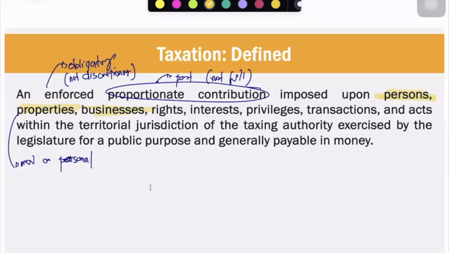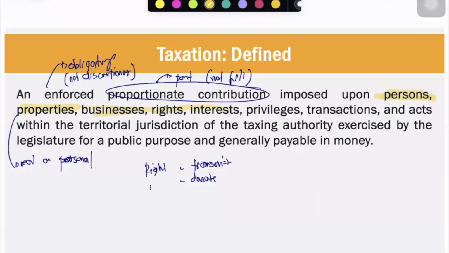Next, it is also imposed on your rights. For example, the right to transmit a property, the right to donate, or a right by virtue of succession. Next, it can be imposed on your interest.